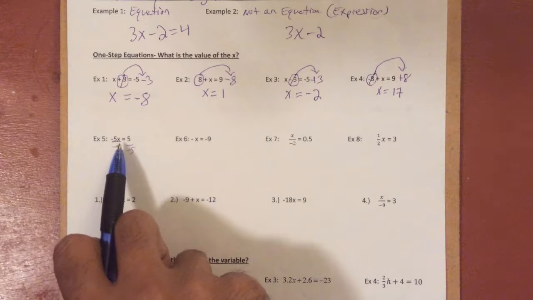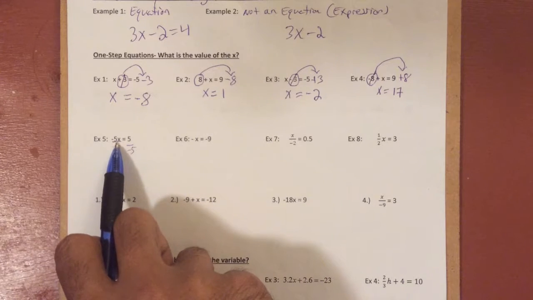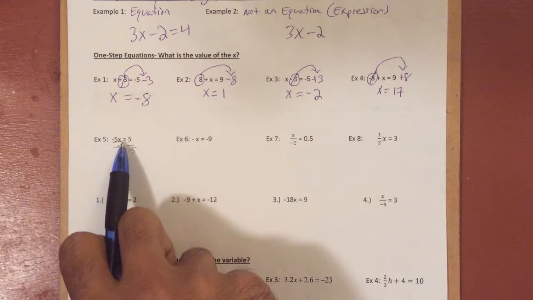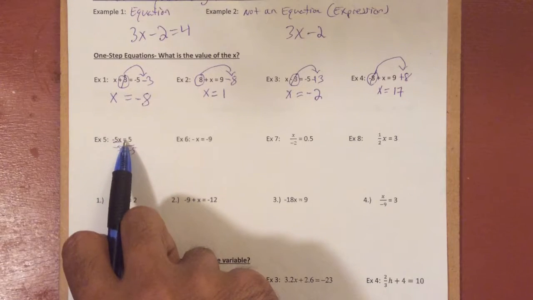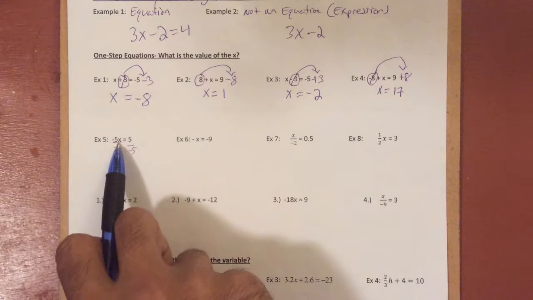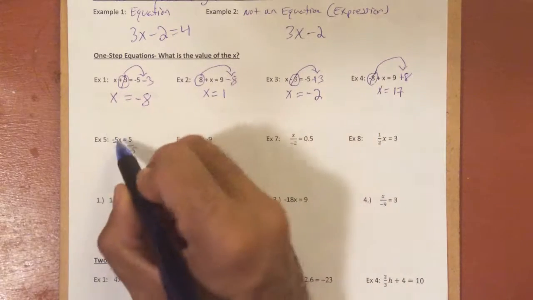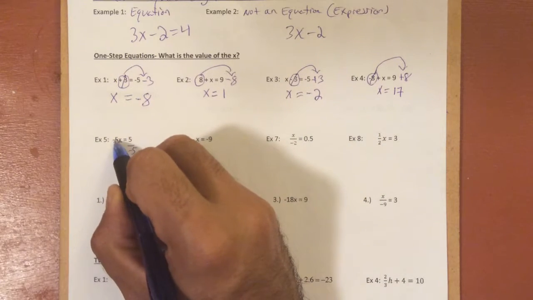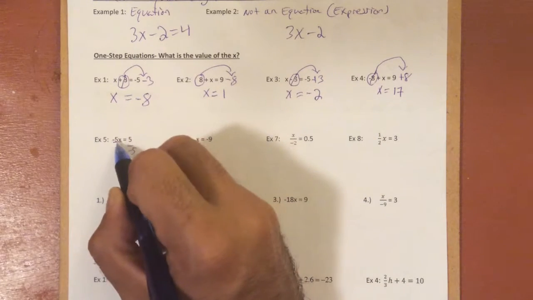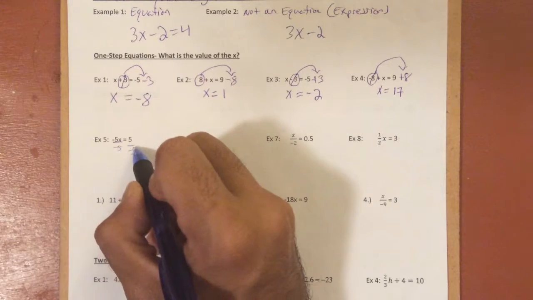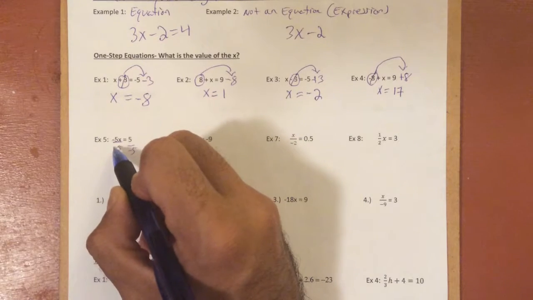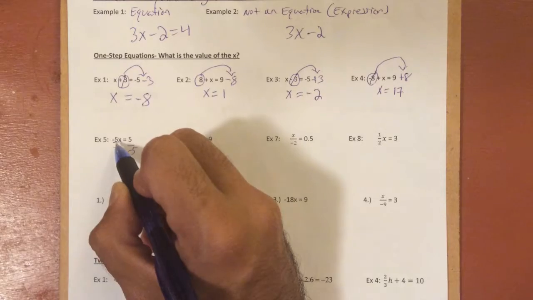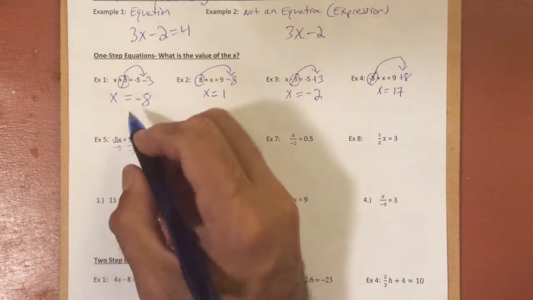Now, if there's no symbol between the 5 and the x, or the number and the letter, that means it's multiplication. This is implied to be multiplying. This is implied to be negative 5 times x. And now because I want to move the negative 5 to the other side, the opposite of multiplying a negative 5 is to divide a negative 5.